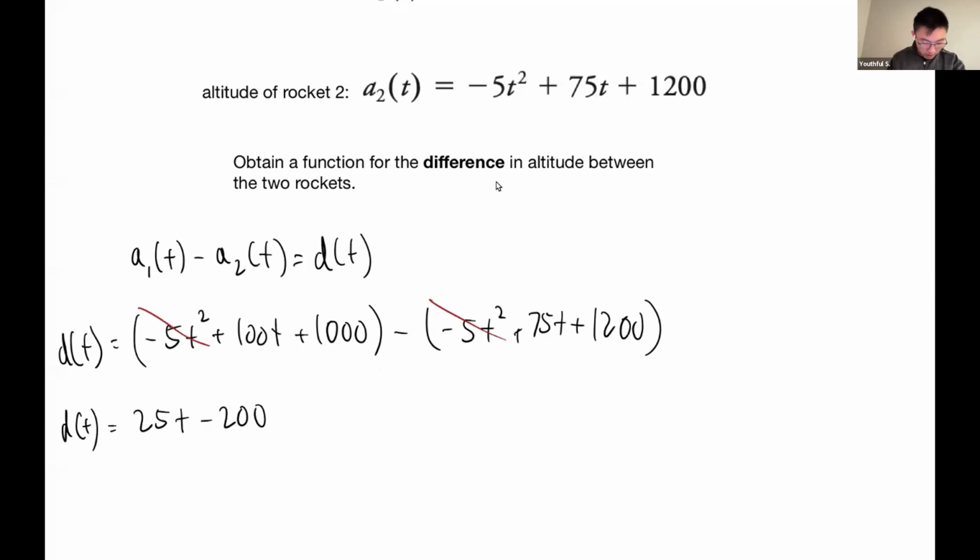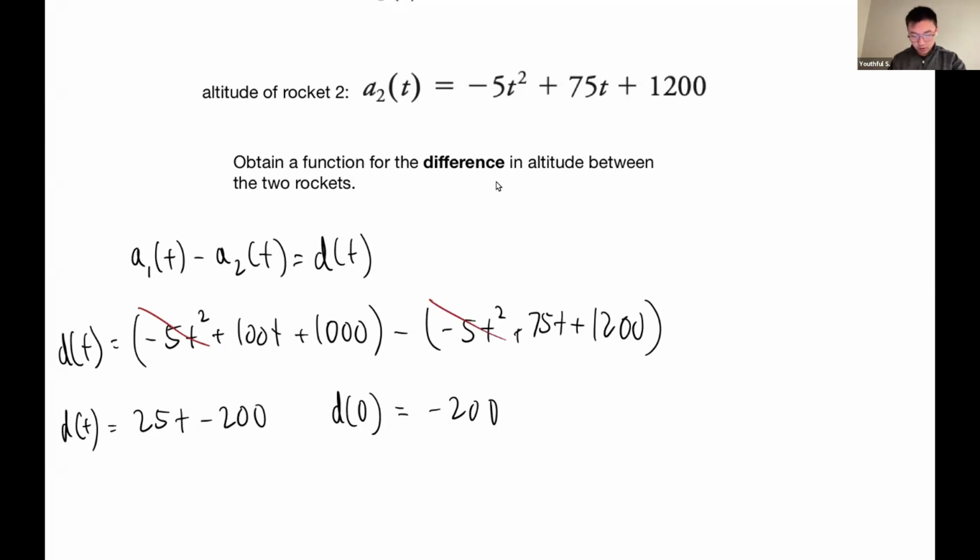So for example, at time equals 0, d of 0 is going to be equal to negative 200. So there's going to be a difference of 200 meters at the beginning.